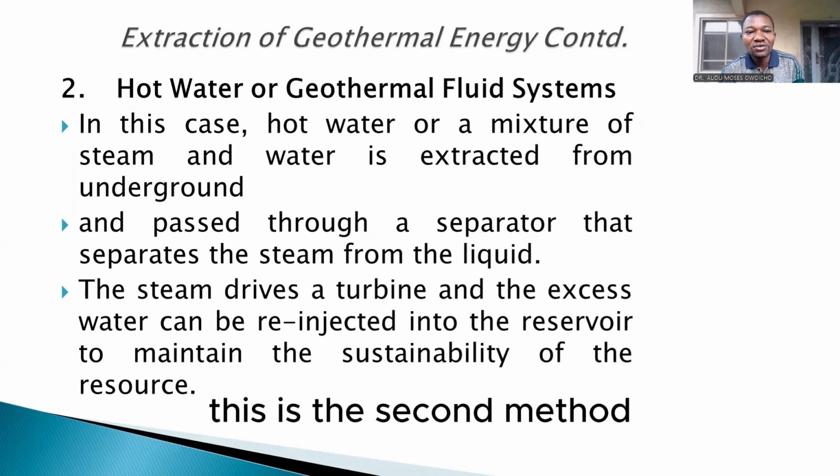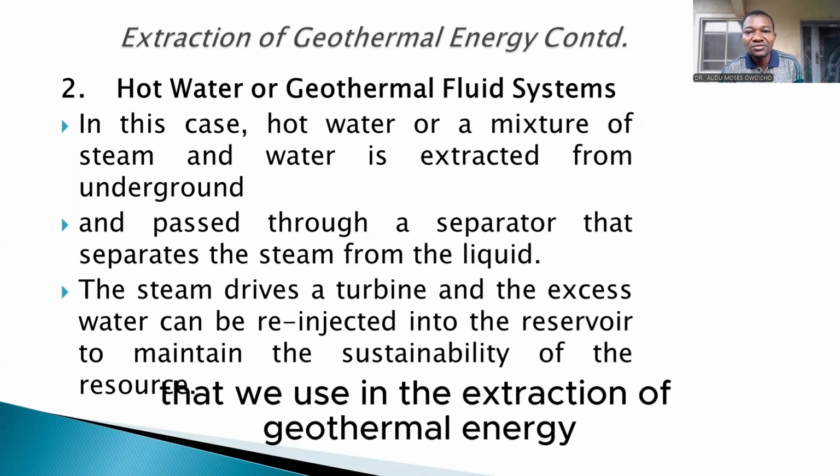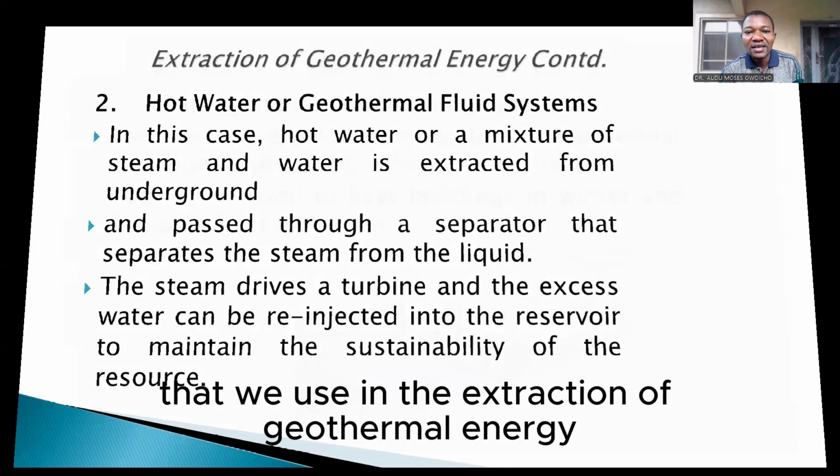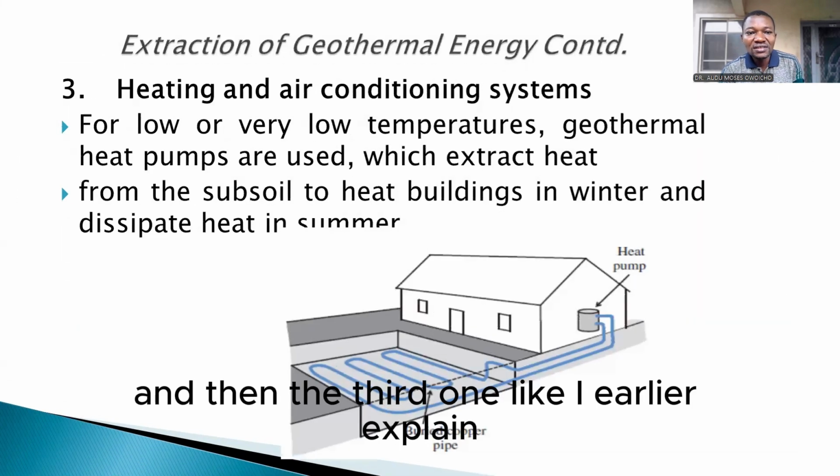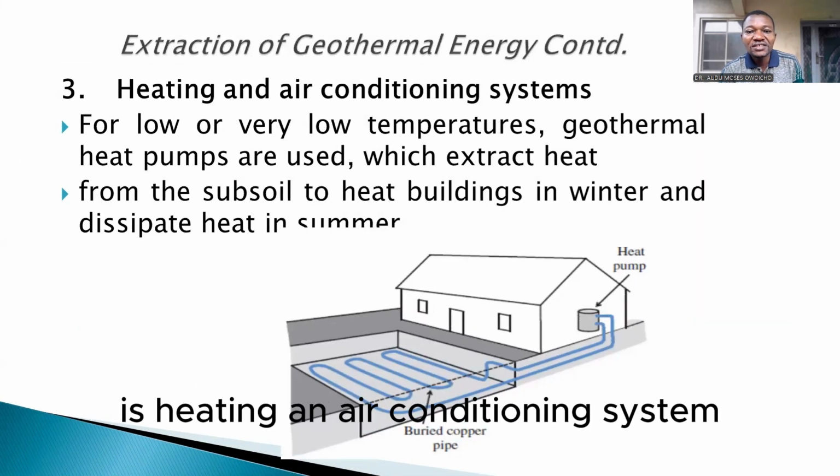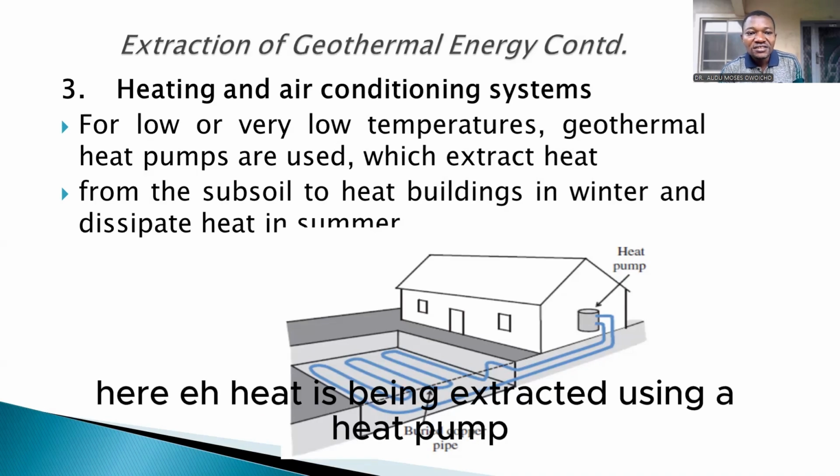This is the second method that we use in the extraction of geothermal energy. And then the third one, like I earlier explained, is heating and air conditioning system. Here, heat is being extracted using a heat pump.